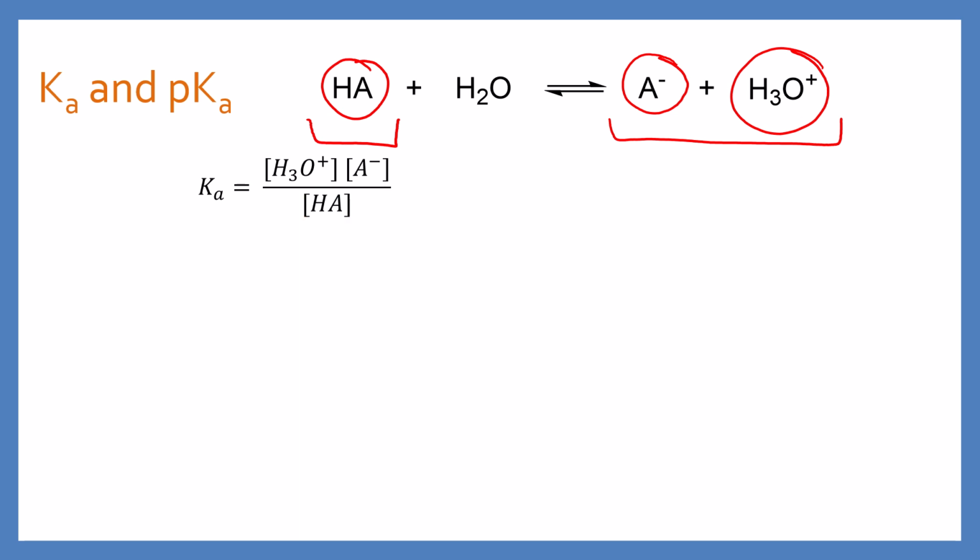So you have a big number over a small number, and you end up with an even bigger number. If you have a weak acid, you have very little H3O+ and A- and a whole lot of HA. So you have a small number divided by a big number, and you end up with an even smaller number.